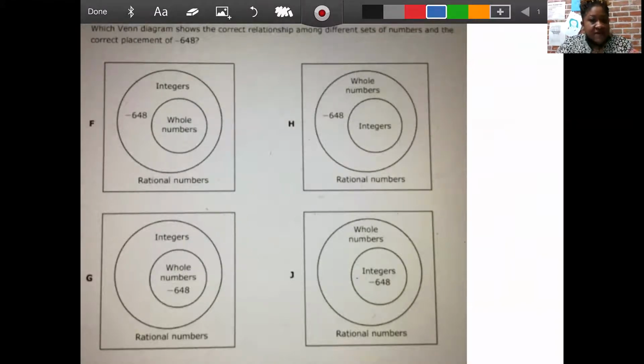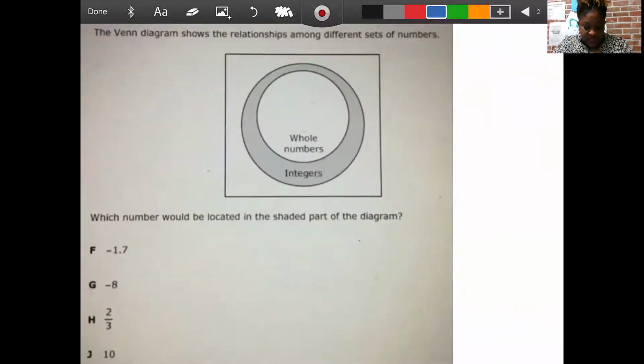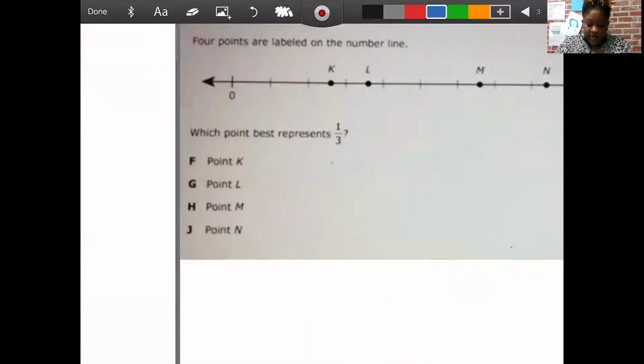Rational numbers are everything, okay? So it's positive numbers, negative numbers, decimals, fractions, all that. So once again, same thing. I just went over this. So make sure you pick the answer choice that can only be an integer. It can't be a whole number is what I'm trying to say, okay?